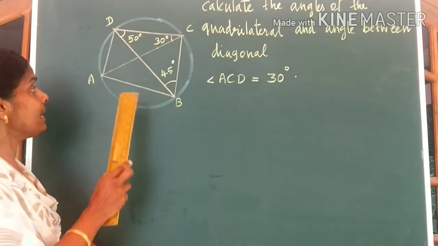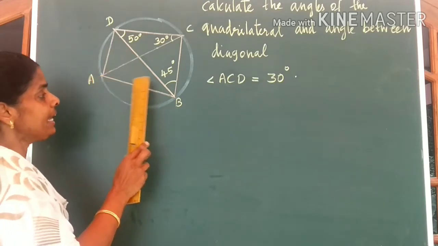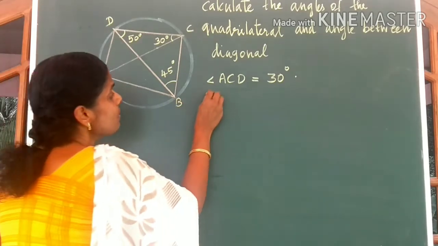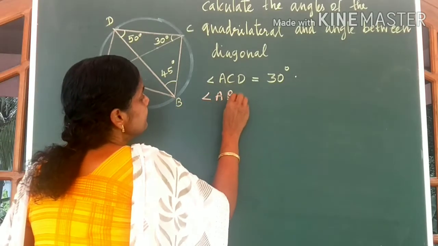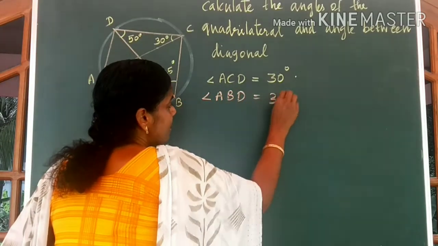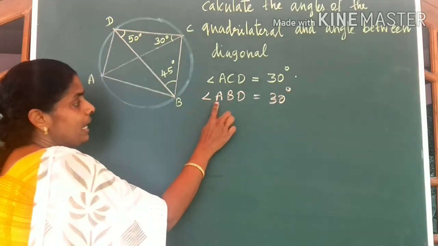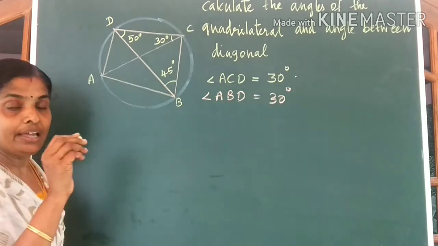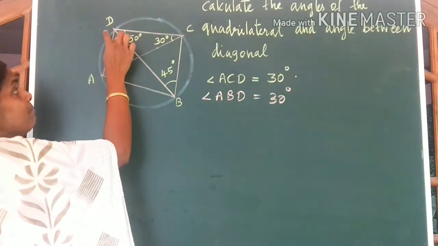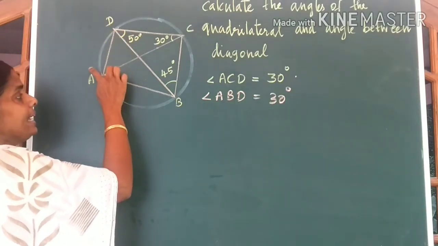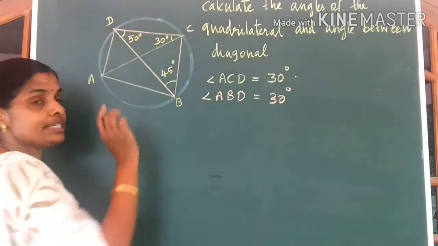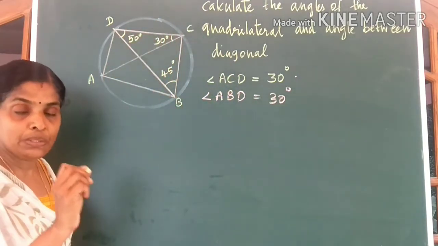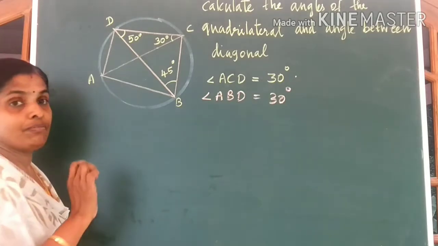So we can say angle ABD is also equal to 30 degrees. It is because ABD and ACD are the angles made by arc AD on its alternate arc. They will both be equal in measure. Use the same idea everywhere.